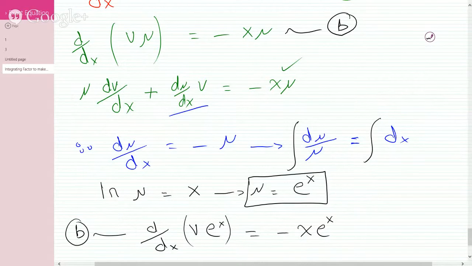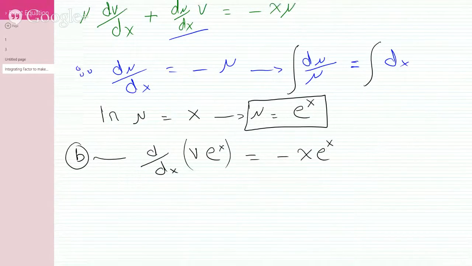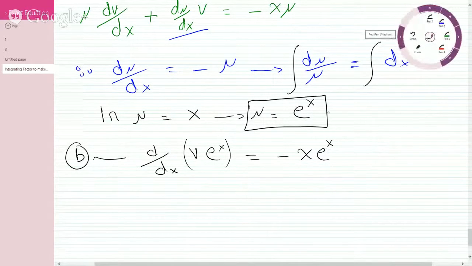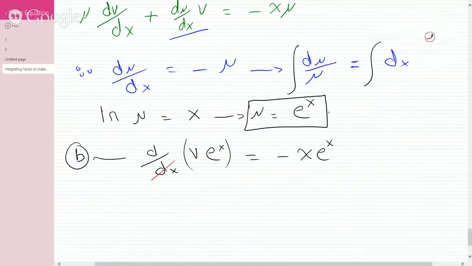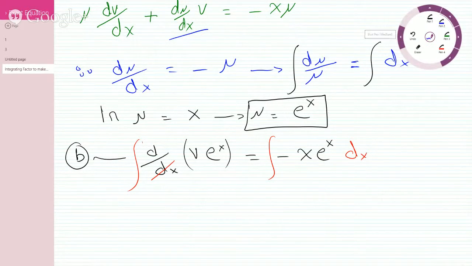And unfortunately, we're going to run into one of those integration by parts another time in a second, as you can see from x e to the x. So now, let's move this dx over here, and we can integrate both sides. So the integral of the derivative will just get you the inside.